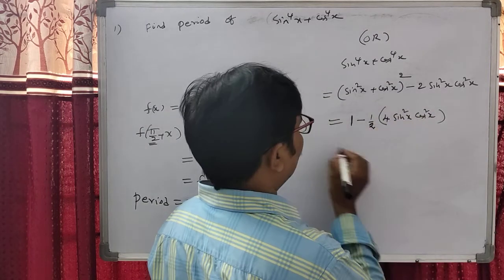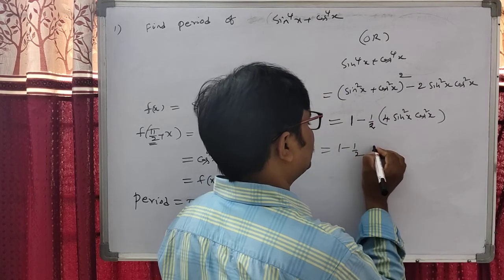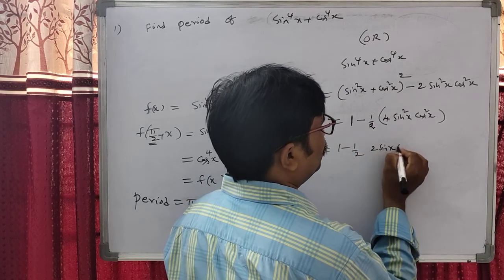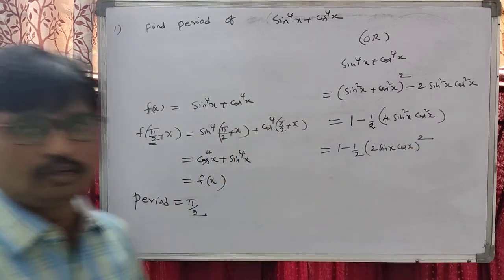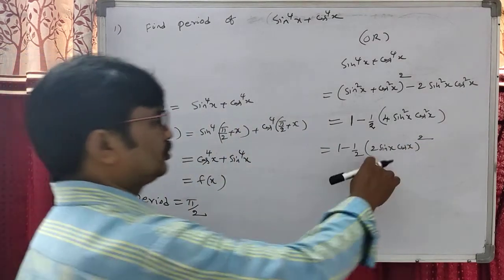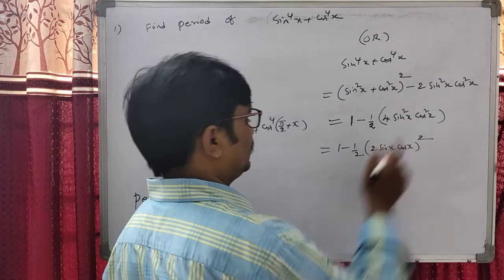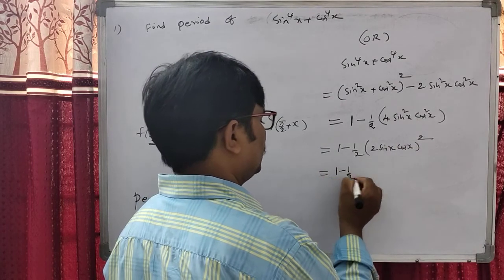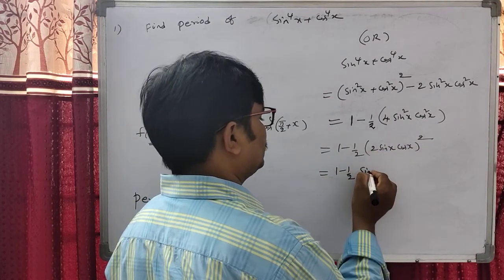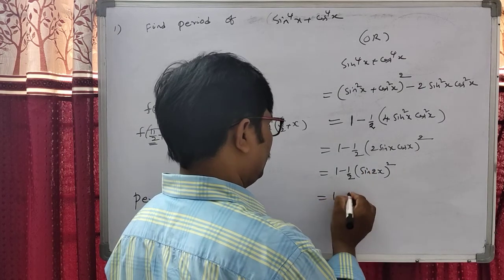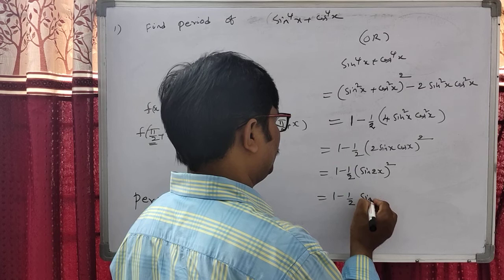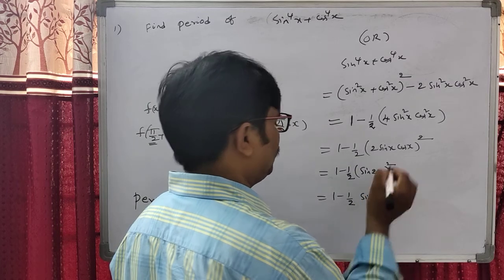We can write 4 sin square x cos square x as 2 sin x cos x whole square, and 2 sin x cos x is sin 2x. So we get 1 minus 1 by 2 sin square of 2x.